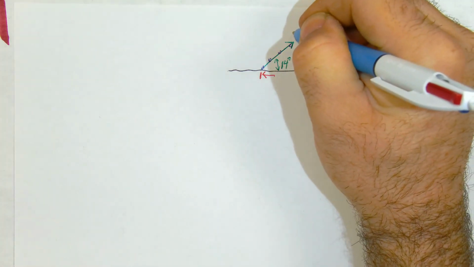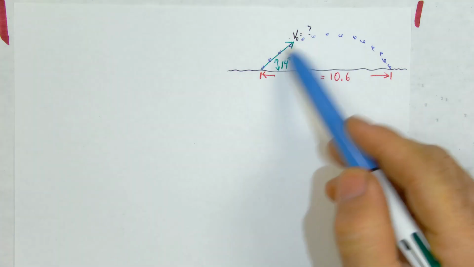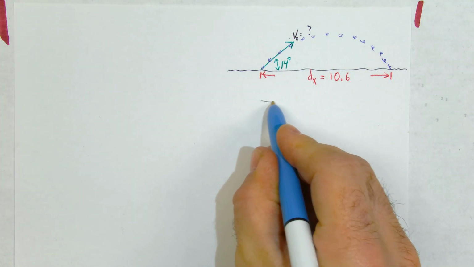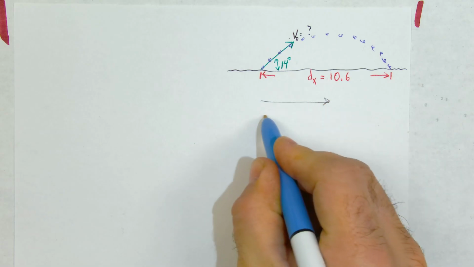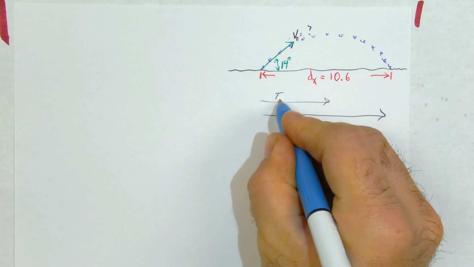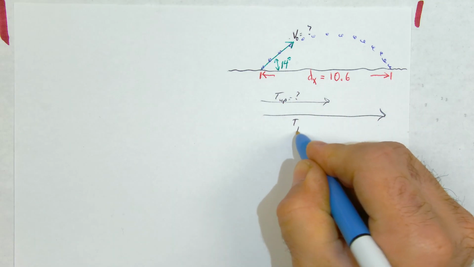Now, the ultimate question you're going to have to end up solving for is, what is this velocity equal? What is this velocity going to be? And then what is time? In terms of the Physics Classroom, it wants to know time up and then time total.